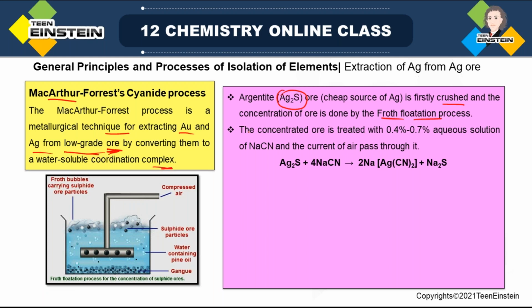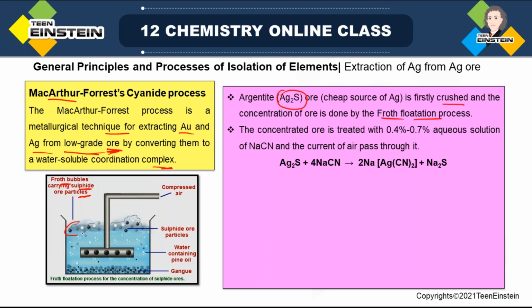before going to the second point, here we have the picture for the froth flotation process. In this, we have taken the ore, and froth bubbles are carrying sulfide ore particles.